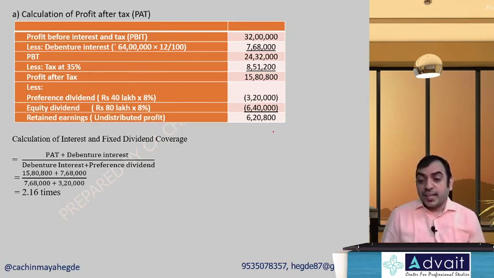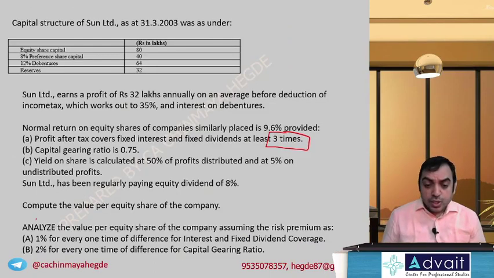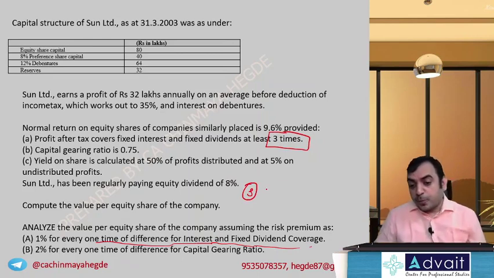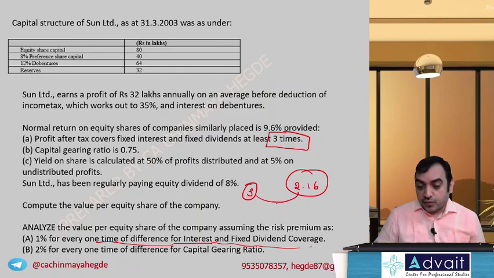So what is the risk we are taking? How much more do we have to expect? For that, information is given. They said 1% for every one time difference in the interest and fixed dividend coverage. Meaning, 3 was supposed to be covered, and we have only 2.16. So what is the difference? We are short by 0.84. They said 1% for one time difference.